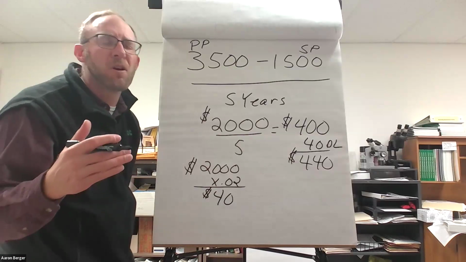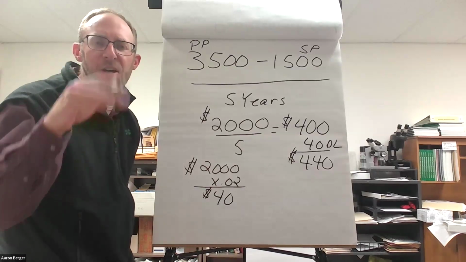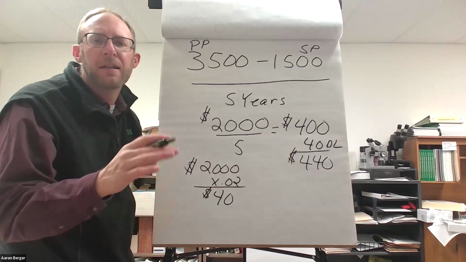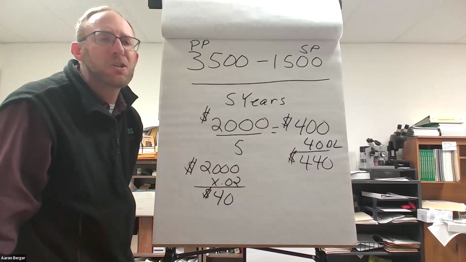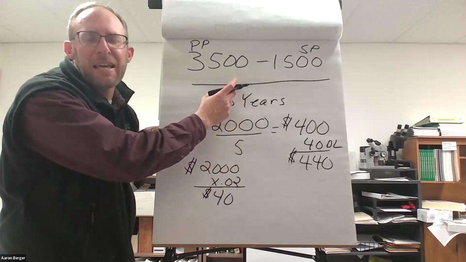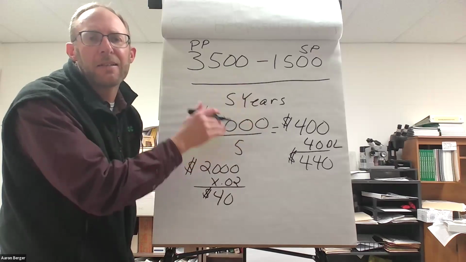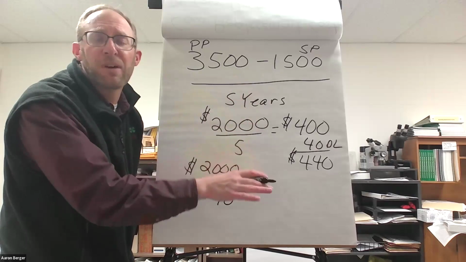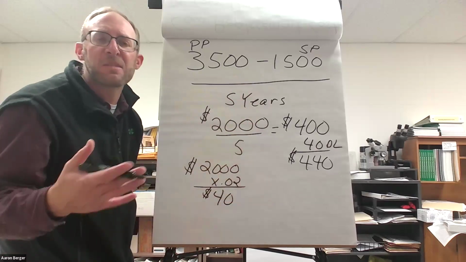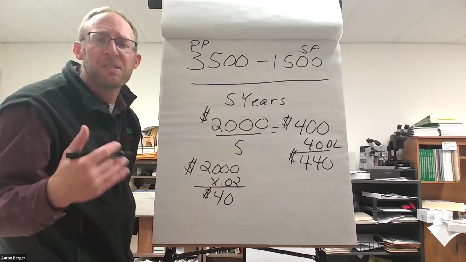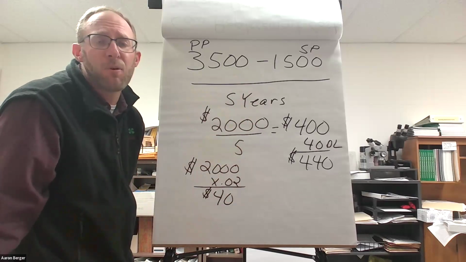But I think it's good to remember also, if we look historically, cow prices go up, cow prices go down. And so just recognizing that a cow bought at the top of the cycle is going to get sold when? Towards the bottom of the cycle when prices are lower. Recognizing these price cycles and what's happening with depreciation is important.